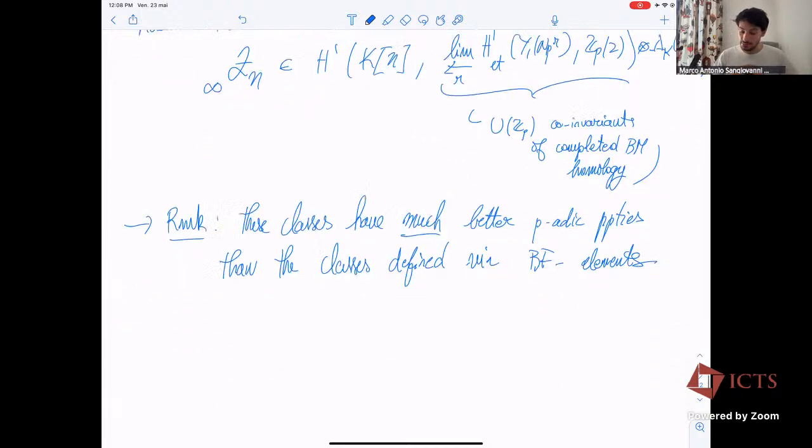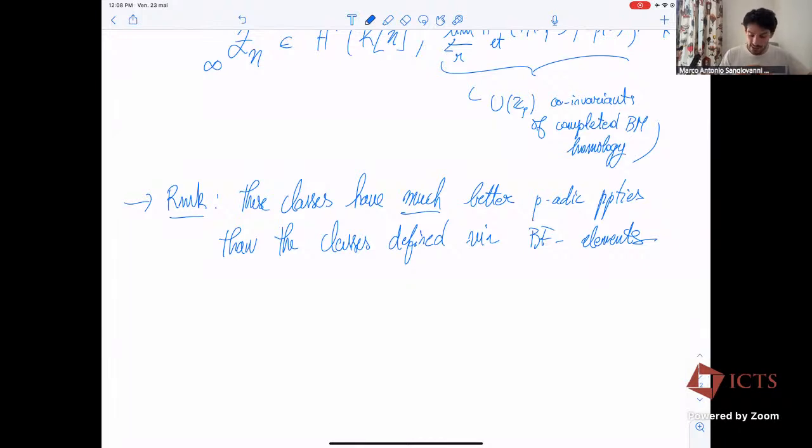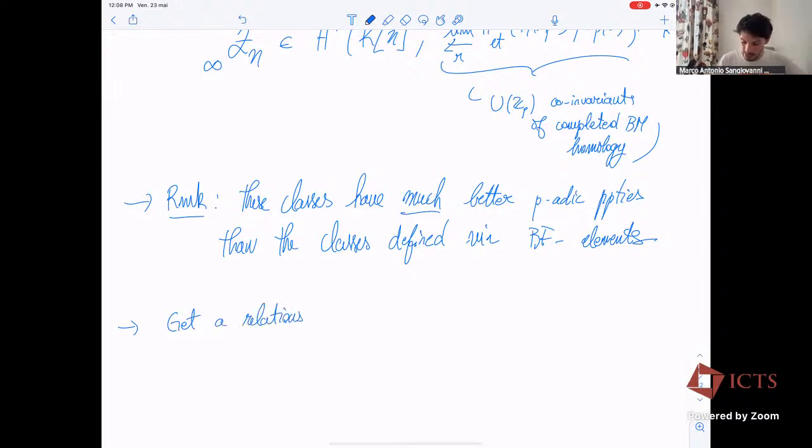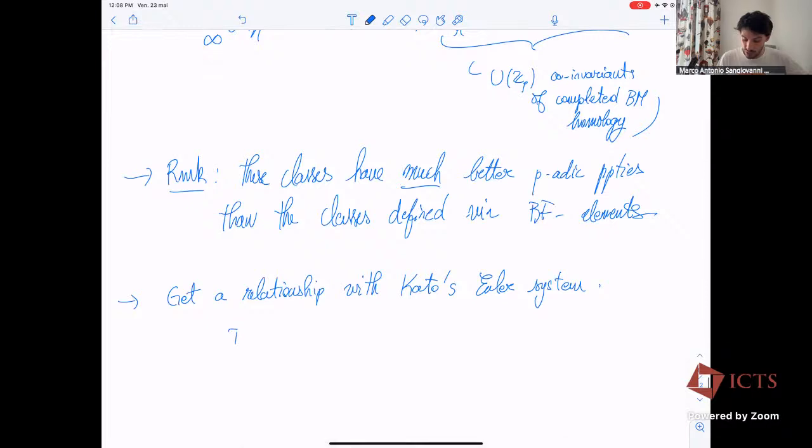And the last thing I want to mention is you get a very strong relation with Kato's Euler system. Why? Because in weight 1, the theta series theta psi, if psi factors through the norm, so if psi comes from Q, is an Eisenstein series.